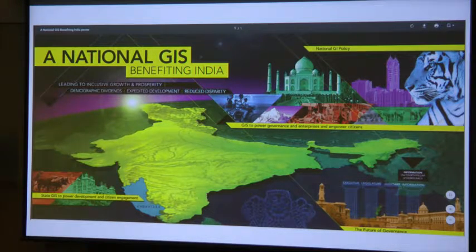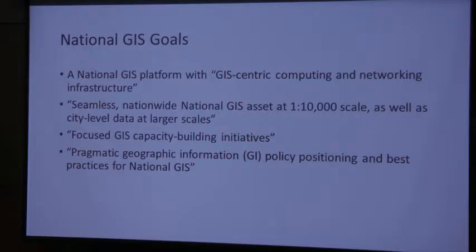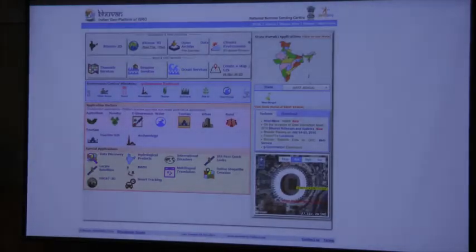So this is National GIS with very ambitious goals, including creating a platform with GIS-centric computing and networking infrastructure with seamless mapping at 1:10,000 scale, as well as city-level data at larger scales. However, at the municipal level, things are still obviously under construction, and some things have happened well, and some are still ongoing.